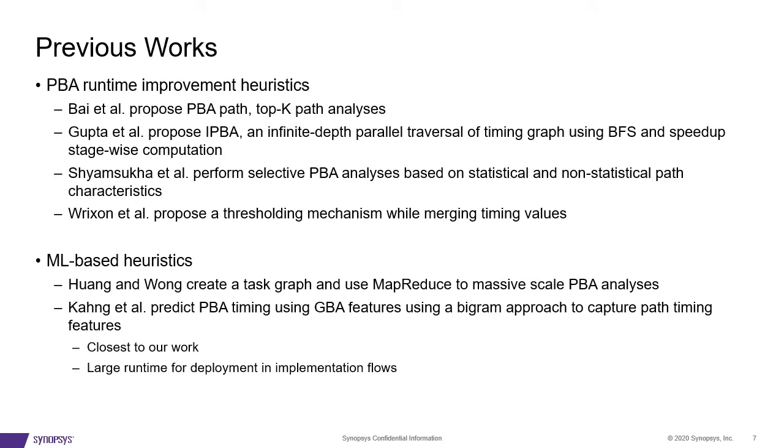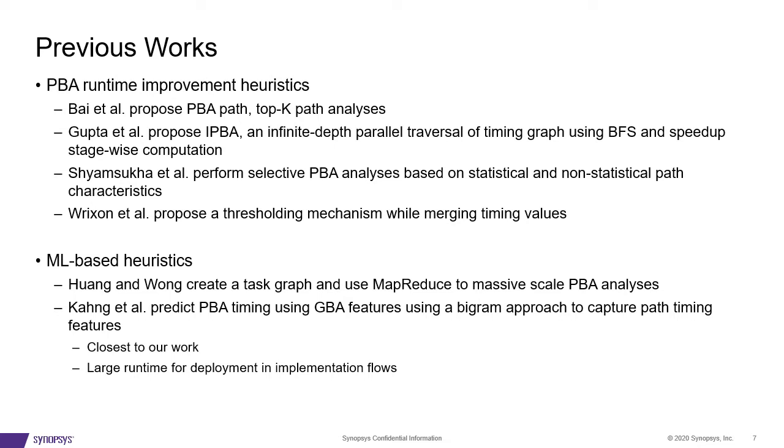Now I review previous works. Previous works can be broadly classified into two categories. The first category develops heuristics to improve the raw PB analysis runtime. Bai et al. propose PBA path, the top K path analysis.